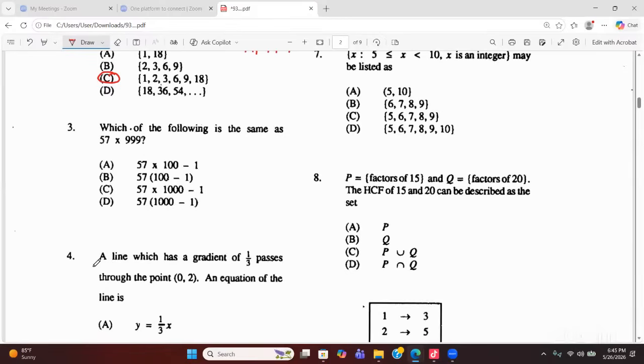It says here, which of the following is the same as 57 times 99? My bad, times 999. So you basically want to look at this and think about it. If you take a look at D here, you notice 1000 minus 1 will give you 999. So this here at D is your representation for 57 times 999. So your answer right there would have been D. We want to be careful.